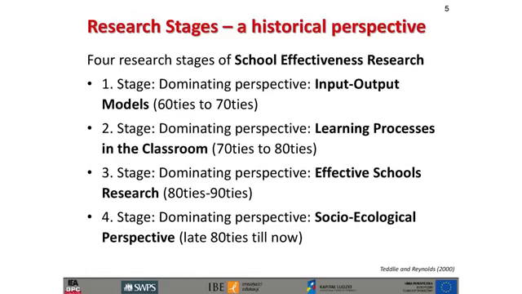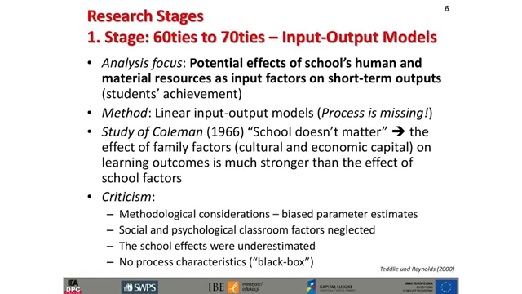The third stage is dominated by effective schools research, and this will be explained in a minute as well. And at the fourth stage, from the late 80s until now, the socio-ecological perspective was very important and prominent in school effectiveness research.